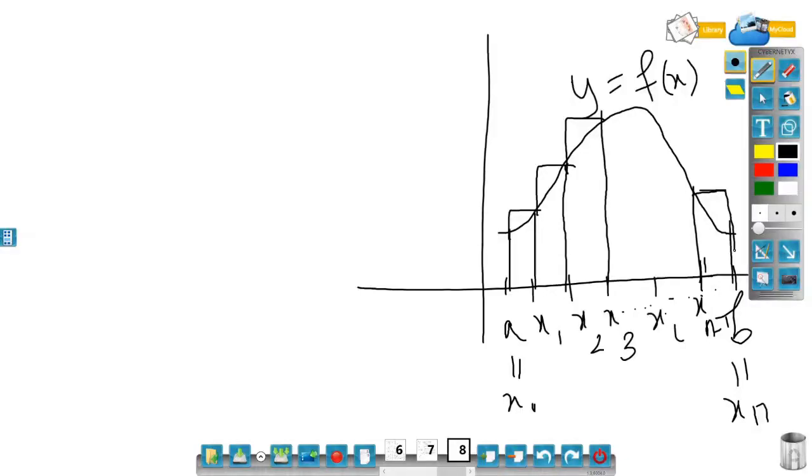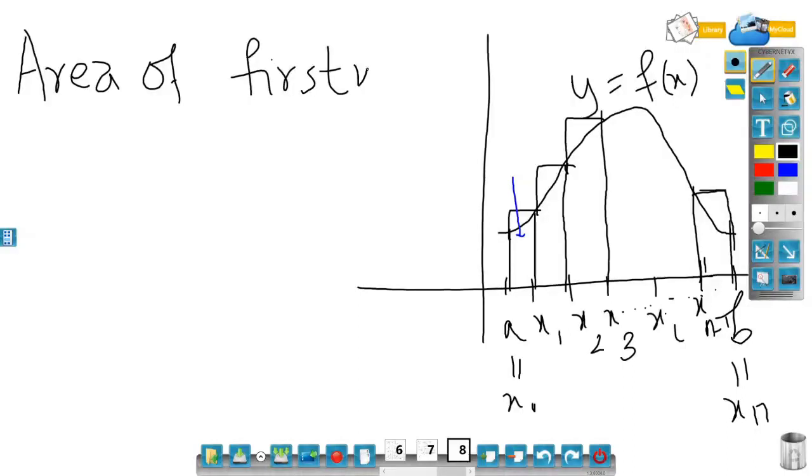Now if somebody asks me to find the area of this first rectangle, how will I calculate this? Let us call the area of the first rectangle A1, suppose. The area of a rectangle is nothing but base into height.